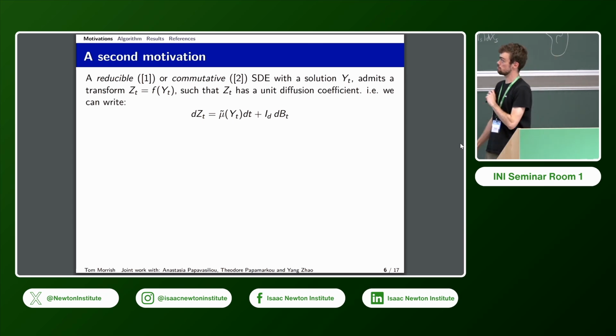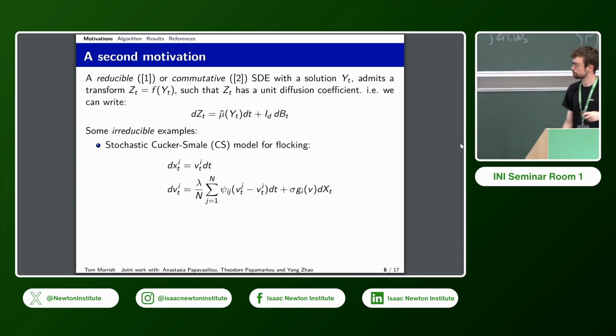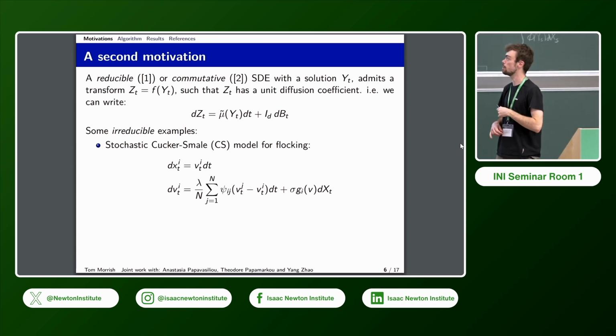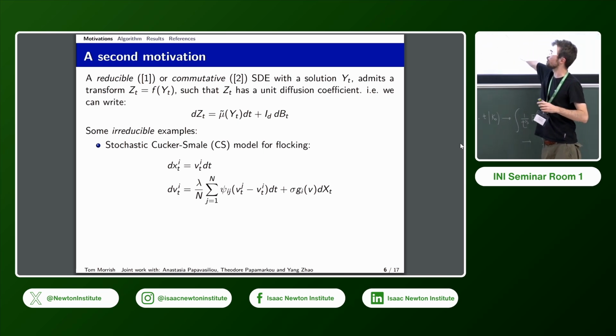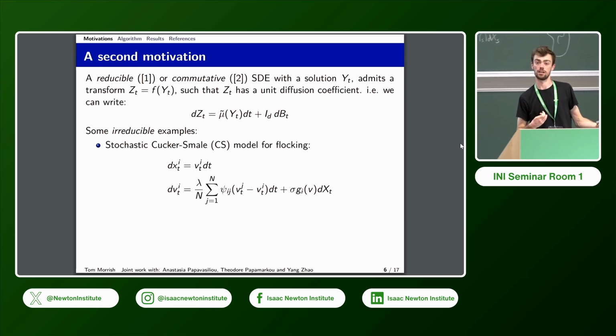So we're going to try and work on things that aren't like this. Some irreducible examples are this model for flocking, where you have some kind of velocity term which has a difficult diffusion coefficient that depends on more than just the variable that you're looking at.